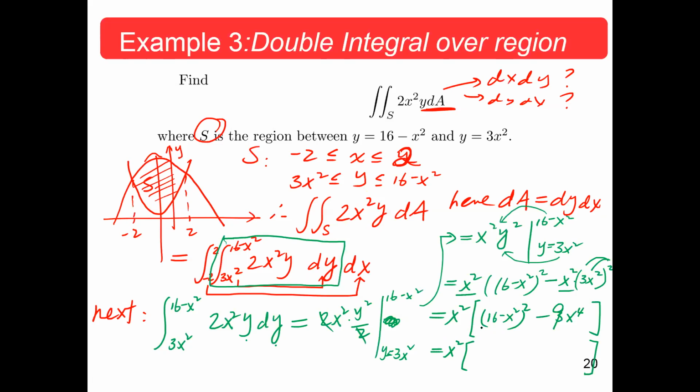So we have 16 squared, which is 256, and subtract 2 times 16 times x squared, which is 32x squared. Then we add x to the 4th, because x squared squared is x to the 4th, minus 9x to the 4th. That's minus 8x to the 4th in total. If I distribute the x squared, we get 256x squared minus 32x to the 4th minus 8x to the 6th.